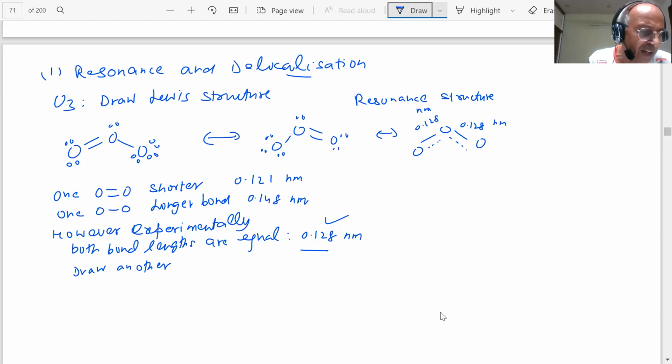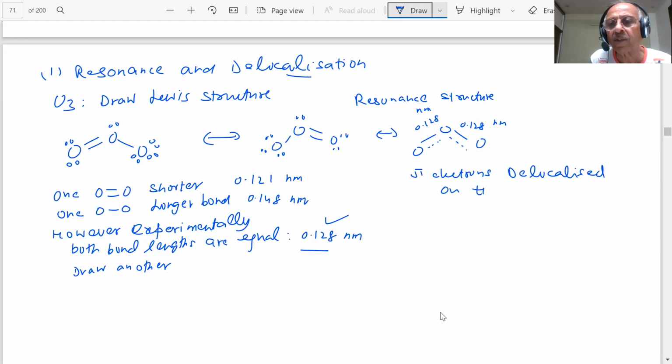So this is an explanation. Instead of resonance, now we are saying that delocalization is the sharing of a pair of electrons between three or more atoms. The pi electrons are delocalized on three oxygen atoms.